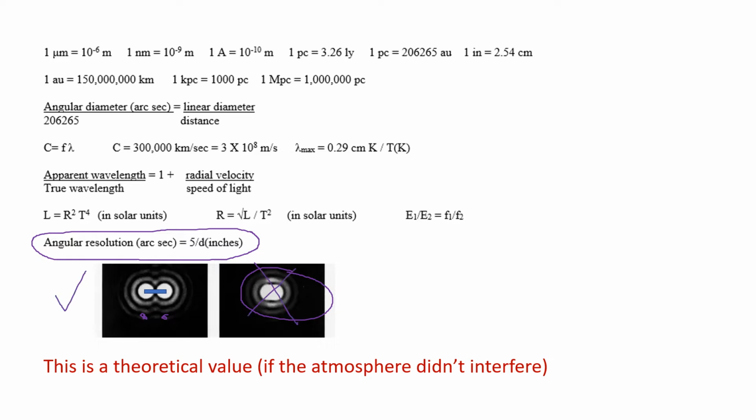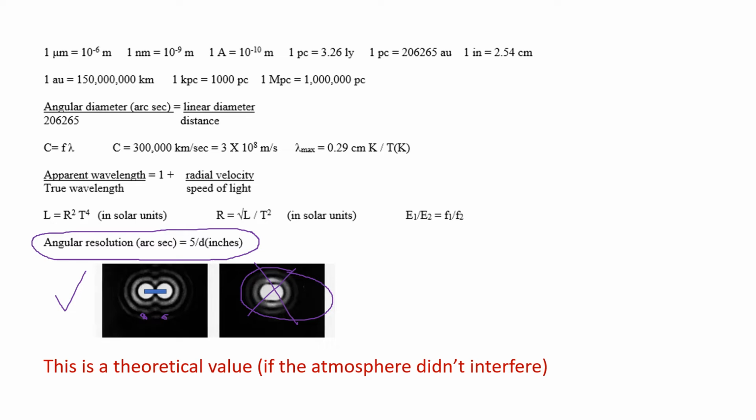And the ability to be able to see that depends upon the aperture of the telescope. So essentially what you are doing is comparing how close these two stars could appear to each other and still be seen as two stars and not one blob.